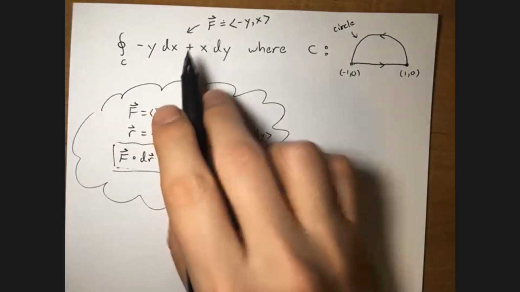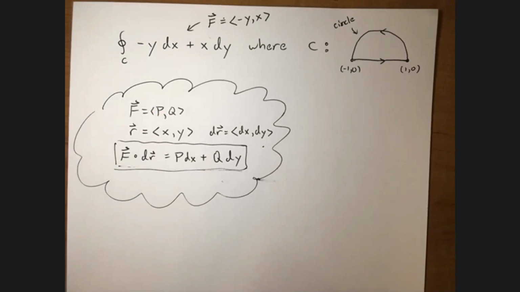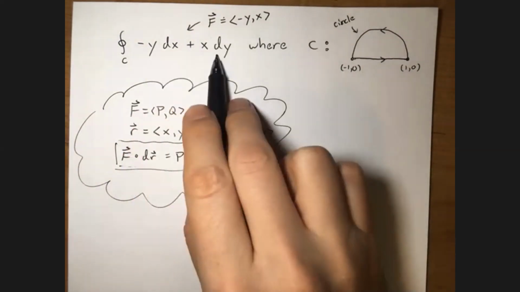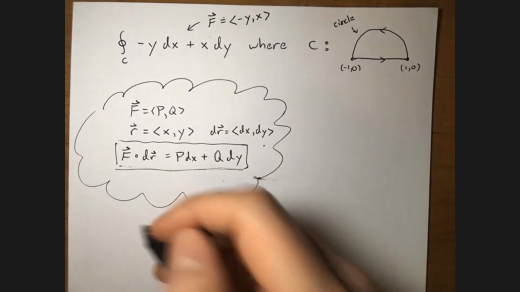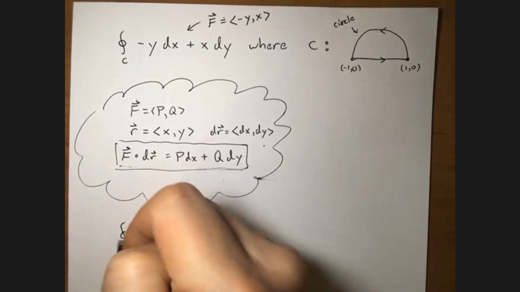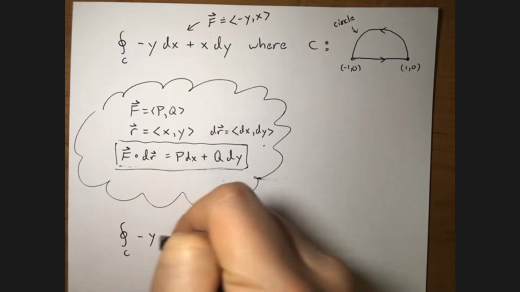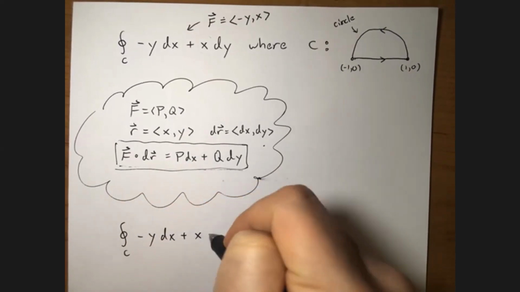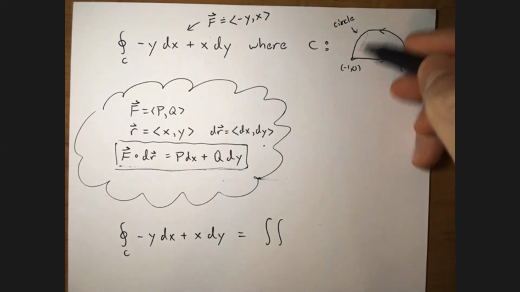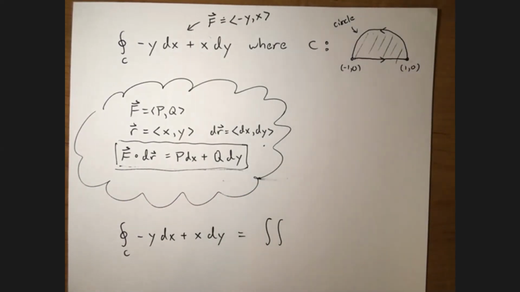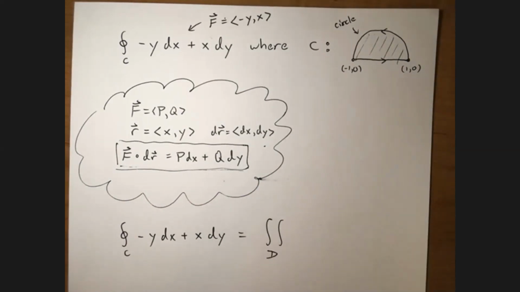Okay, so how do we do this? Well, we're going to use Green's theorem, right? Because this is F dot dr, so we can use Green's theorem on it. Green's theorem says that this is the same as integrating over the interior region, which we'll call D. Integrating what?